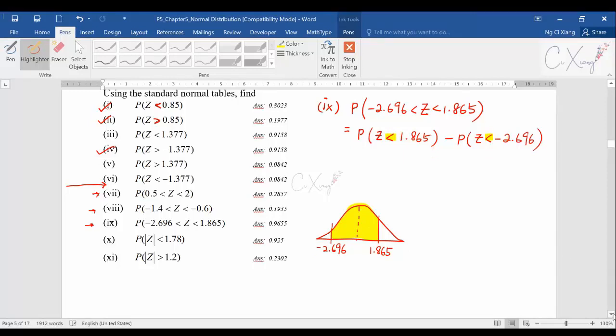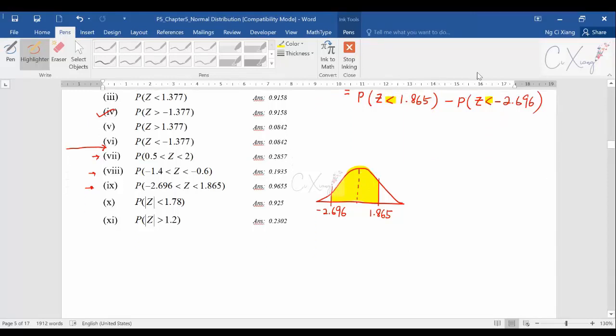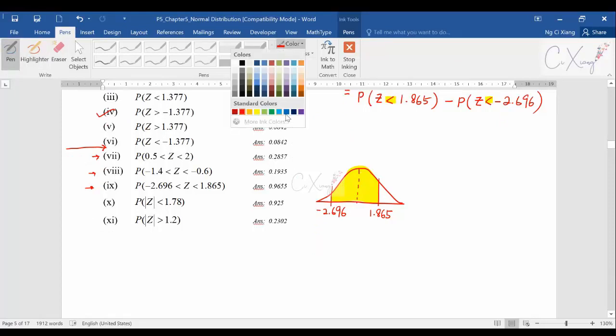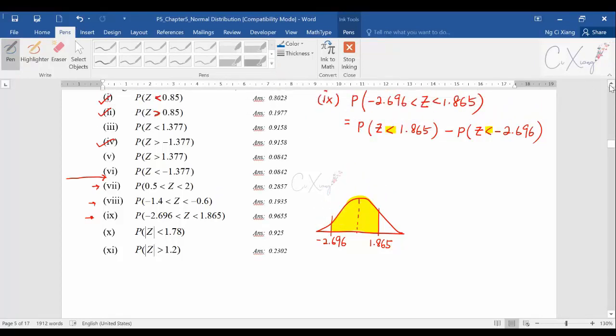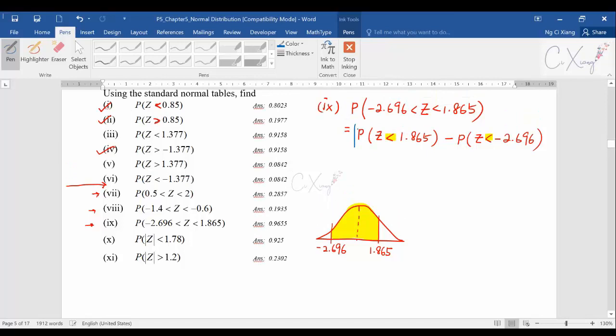Okay, so why is this step the same as the previous step? You can have a look at the graph here. When I say Z smaller than 1.865, Z smaller than 1.865 is the blue color area. So the blue color area smaller than 1.865 is this one.